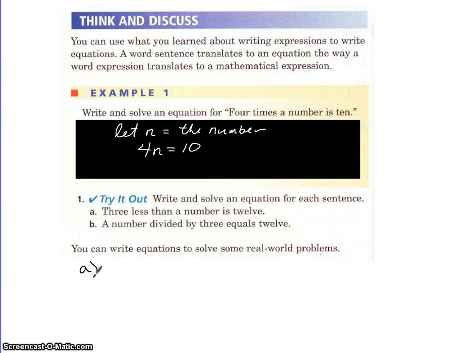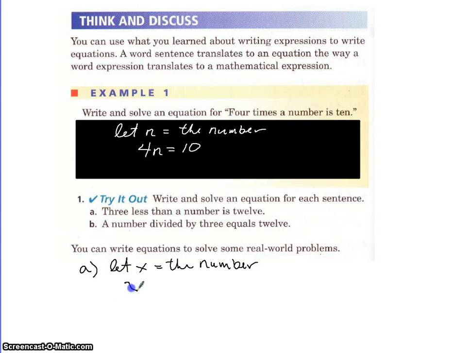So with A, we first define what the number is going to be. You don't always have to use n. I chose n above, so let's use x this time. Let x equal the number. It says 3 less than a number is 12.